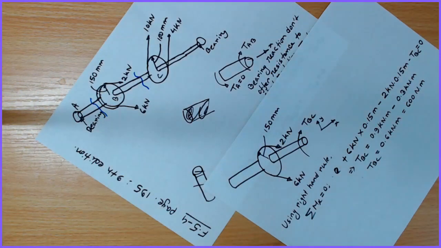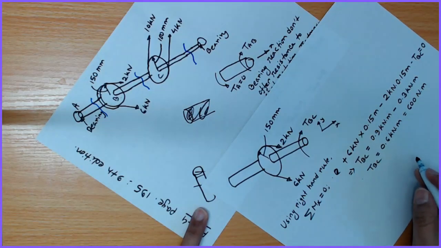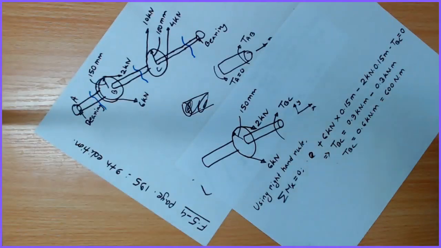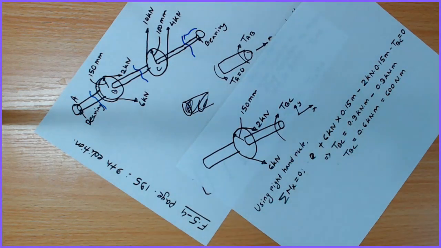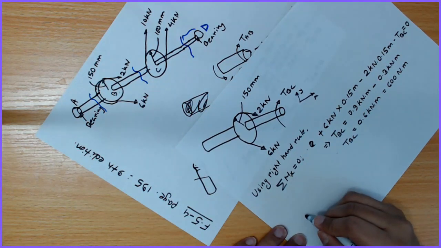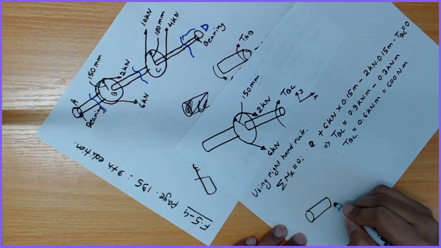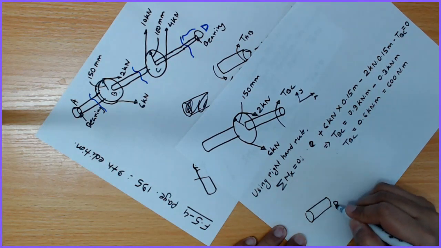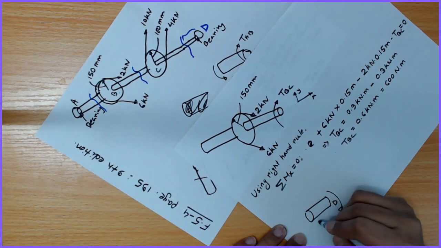Similarly, if we cut the section and take this segment, this is the position D, and there is a torque, and we know TD is equal to 0.